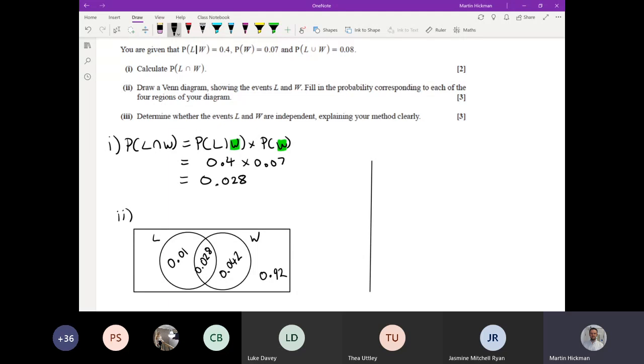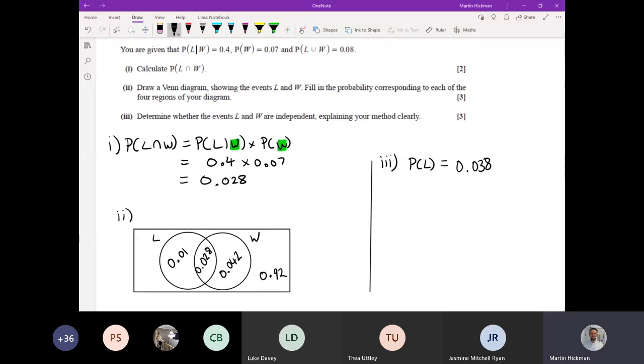And then finally, part 3, we can determine whether events L and W are independent. And to do that, well, we can simply do what I was talking about earlier, as we did in the previous question. Now, the probability of L, we're not given that. We do need that here. The probability of L is going to be 0.038.